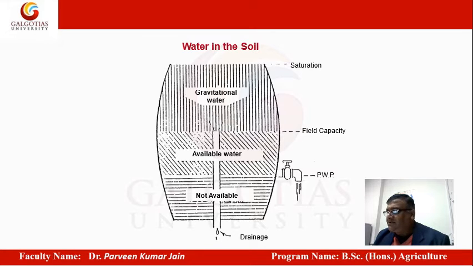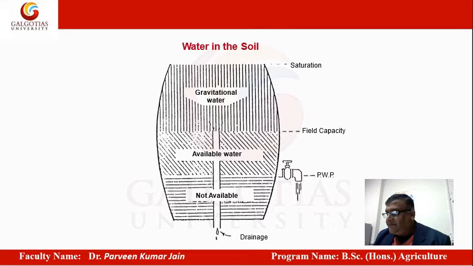I'm just taking this hypothetically. Then again you will have not-available water for the next 5 days, and again after 15 days you repeat irrigation, for example. Then again and again you do it, and ultimately you get only 5 effective days per cycle. So if you are doing it in a proper drip system, it will be for the whole 15 days that you will be in the field capacity.